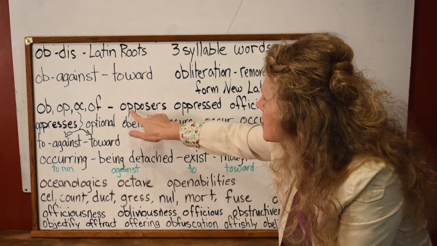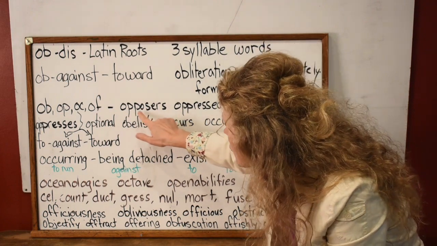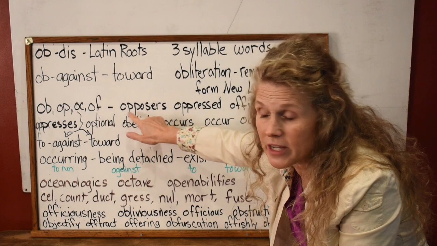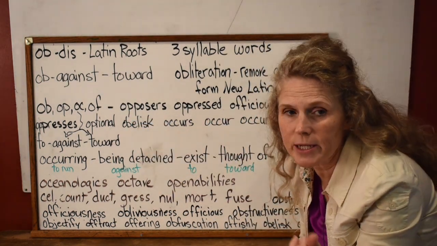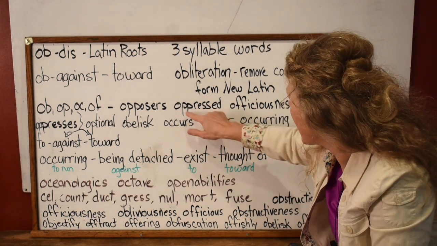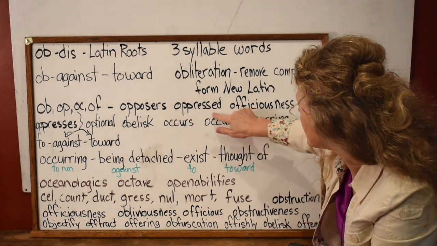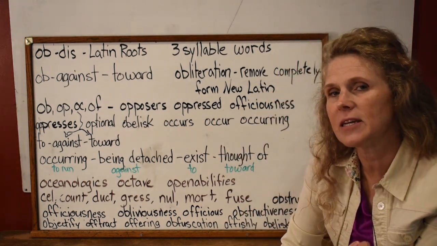So look at this. This is the reason why you have double letters here. You have one for the root and one for the what? Prefix, good. So now, oppressed. What's your root in here? Press. This is your prefix. This is your suffix. Oppressed. Now, can you hear me say this?